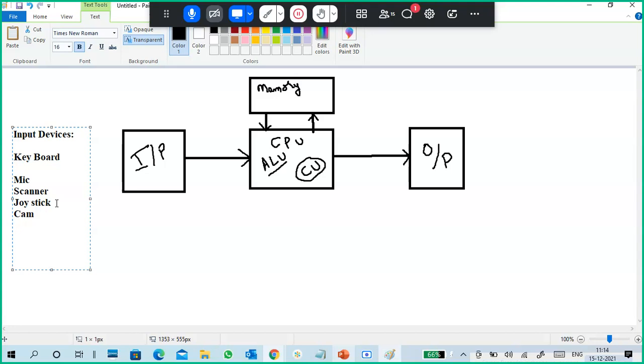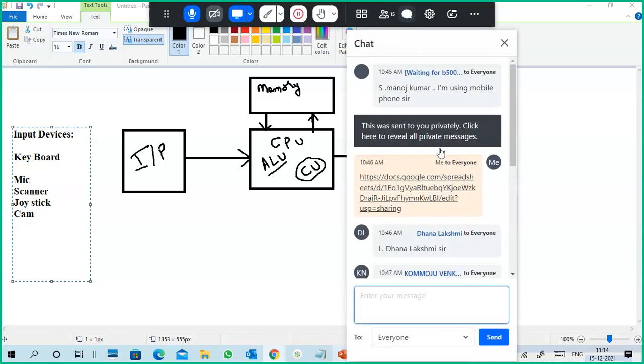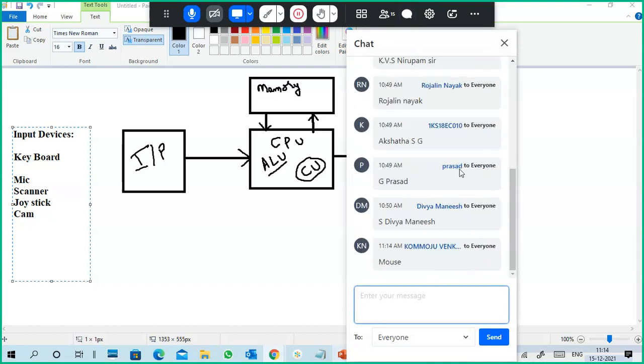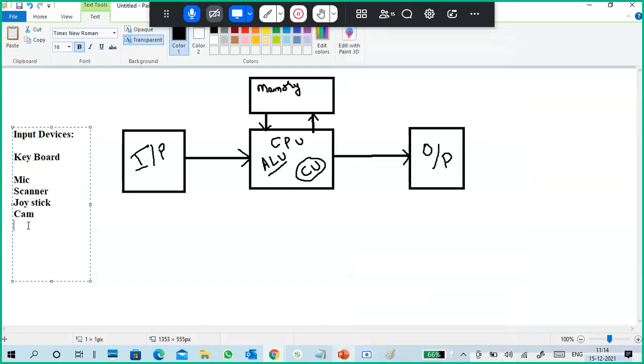Cam or camera. Microphone. Yeah, microphone, mic, right. Touch screen, we can give input to touch screen.